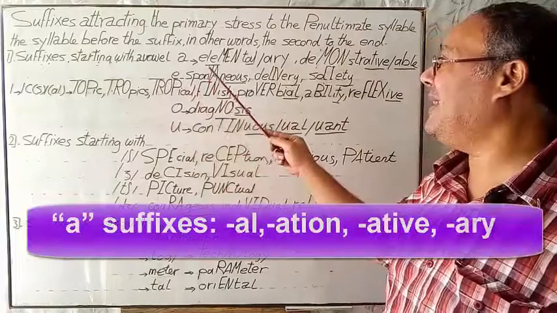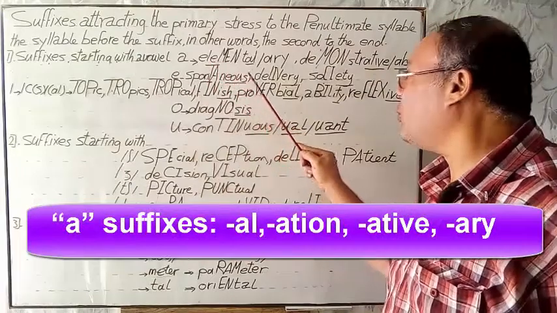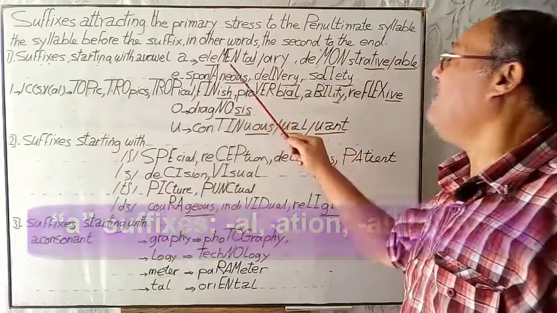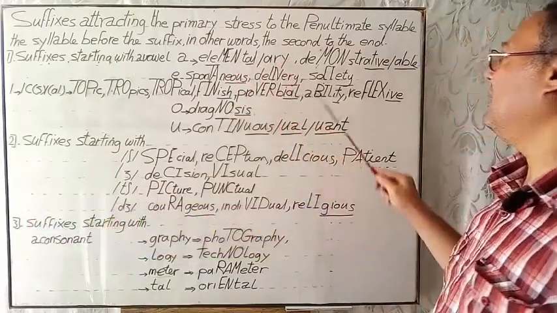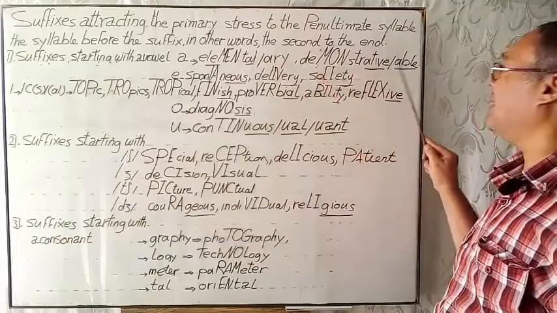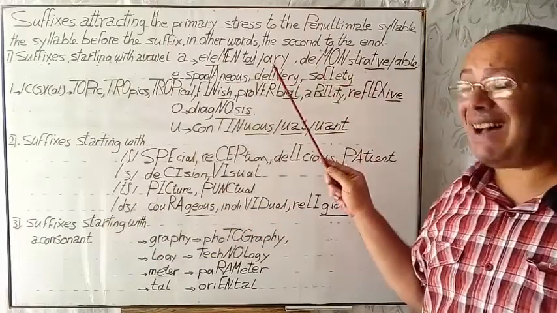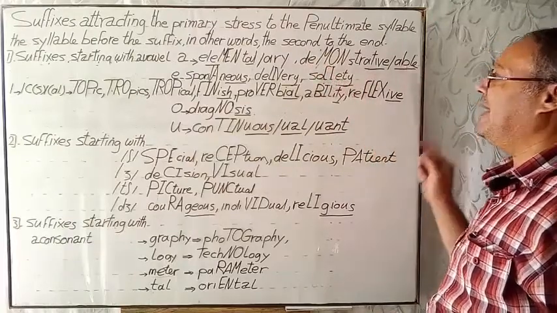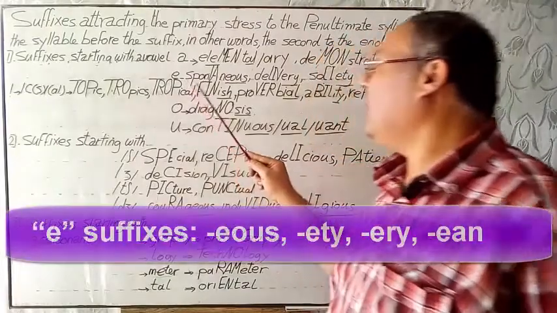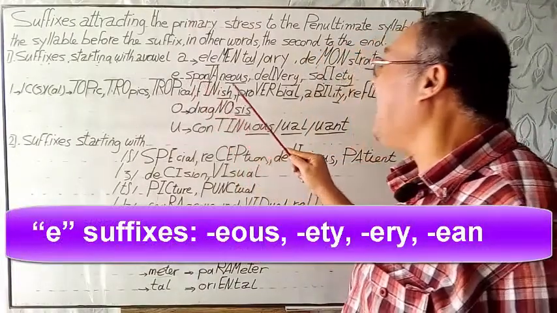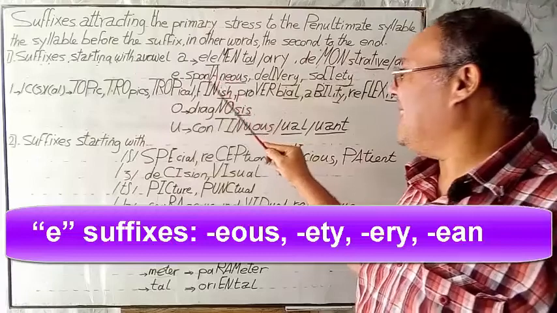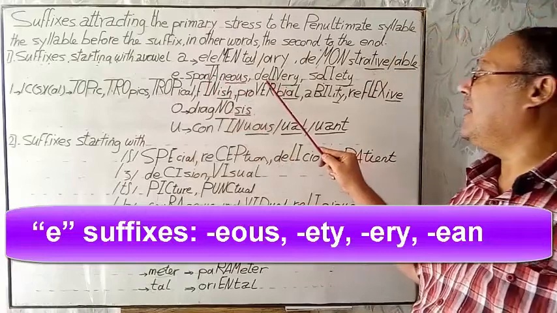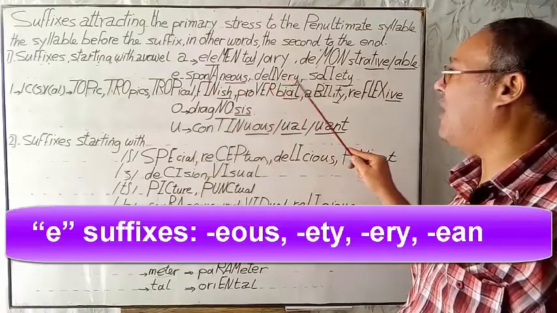For A, we have elemental, AL, or elementary, ARY. Demonstrative, ATIVE, or demonstrable, ABLE. For E, we have spontaneous, EOUS. Delivery, ERY.